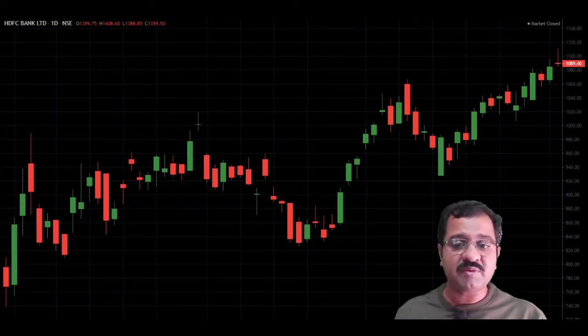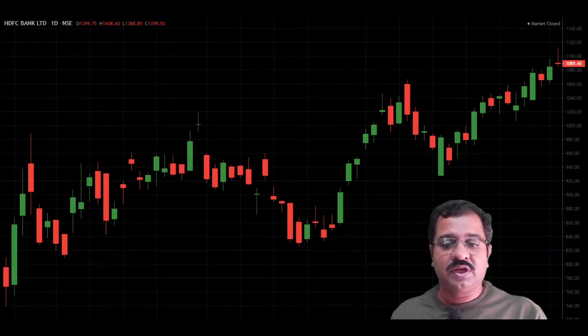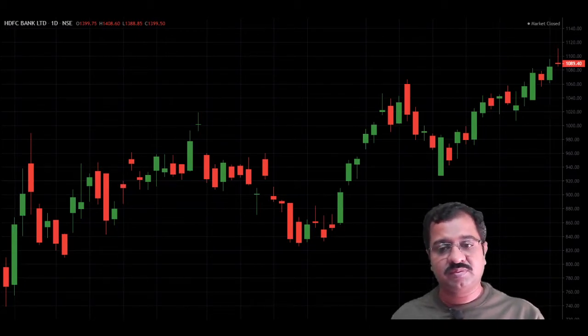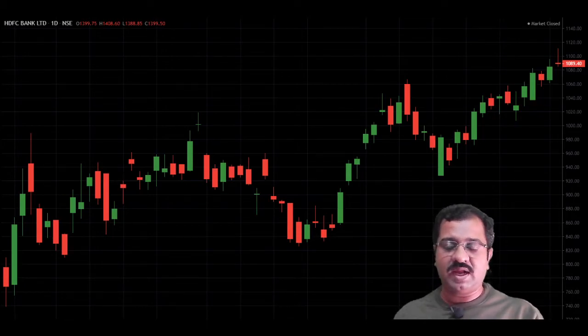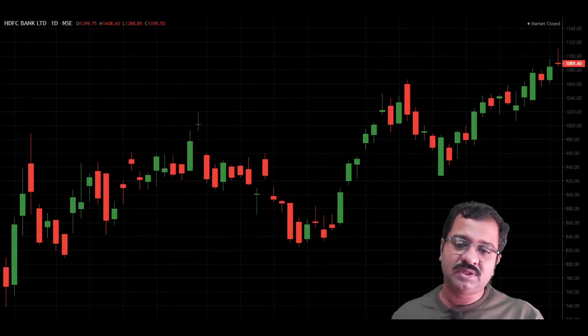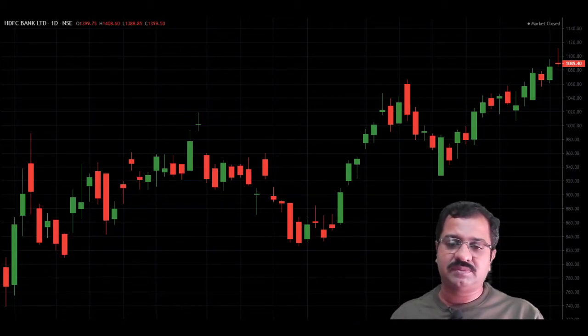These patterns work best in context, at what spot or position they form. Now if the same dragonfly doji is formed when prices are going up in bullish territory, all green candles are forming, and you see a dragonfly doji there, what is the meaning of that?